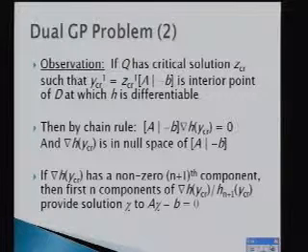This is just saying that that particular vector is perpendicular to Y, and so it's in X, because they're orthogonal complementary spaces. And so if that gradient of h at that critical point y critical has a non-zero n plus first component, then the first n components of that provide a solution chi that we're looking for.